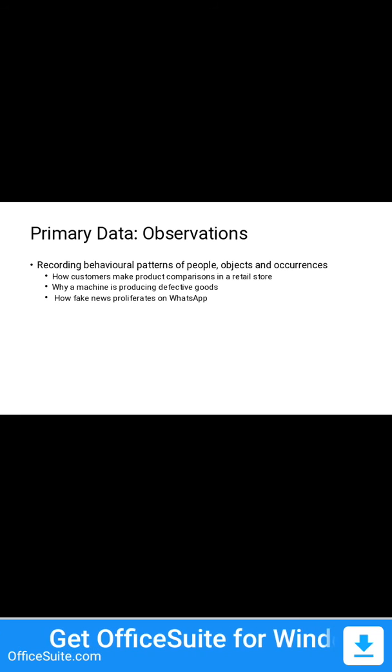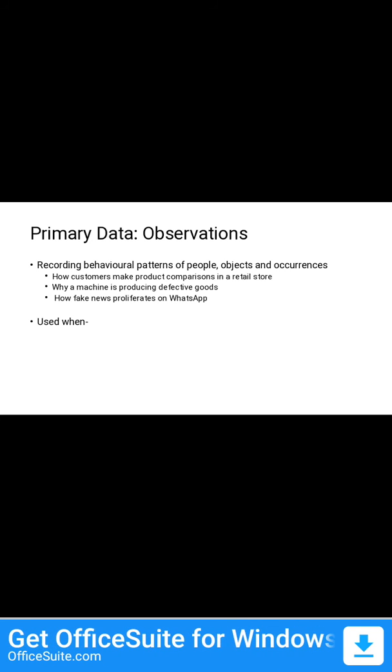Likewise, students of geography might want to observe what happens when there is a rainfall, and what does that rainfall do to the number of landslides that are taking place in a hilly area. So you can conduct observations in so many different fields, but you have to understand where you can use observations. It is not going to be efficient to use observations in all the instances.